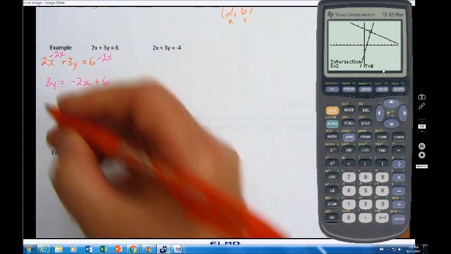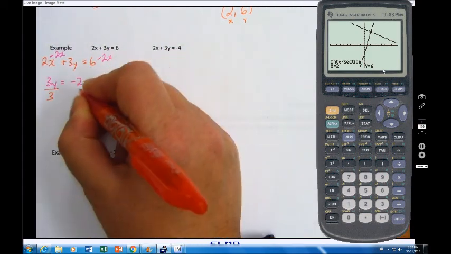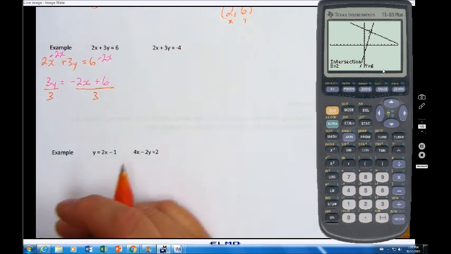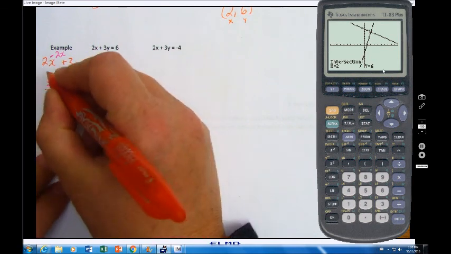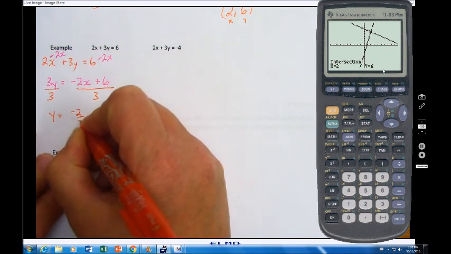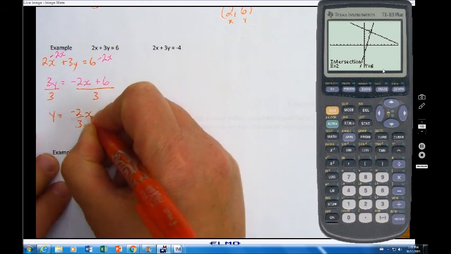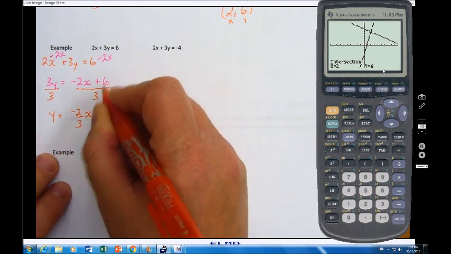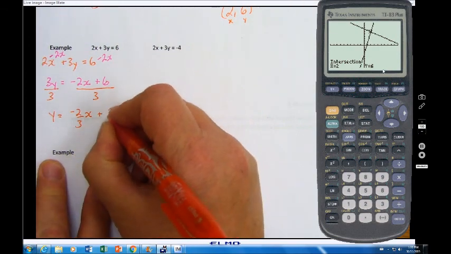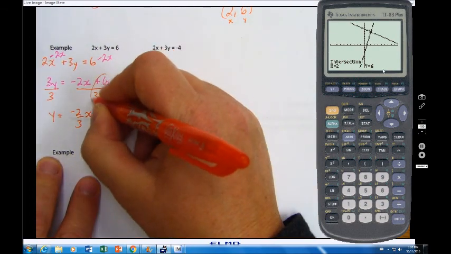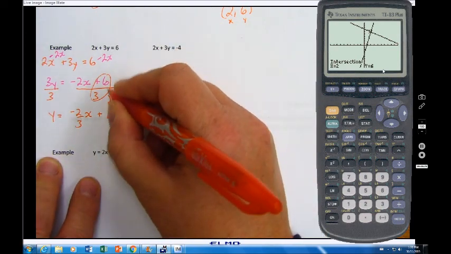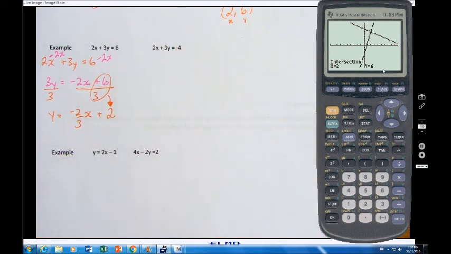Then we need to divide by 3, so that we get 1y, so y equals negative 2/3 x, and then 6 divided by 3 is 2, plus 2.